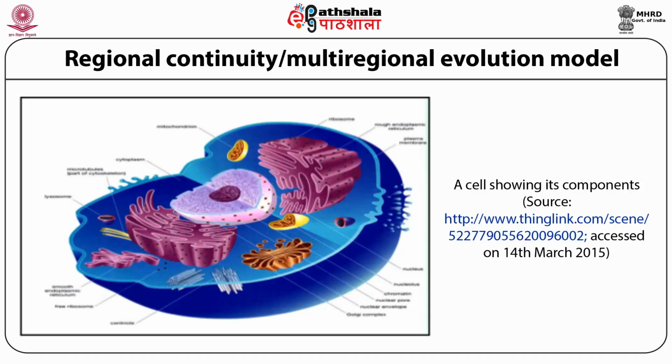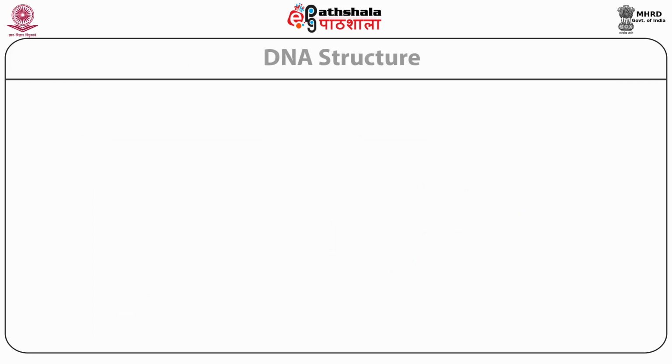Metabolic activities are carried out in it. It has its own DNA called mitochondrial DNA. The endoplasmic reticulum is found in the cytoplasm and gives extra surface area for metabolic reactions. Ribosomes are actively involved in protein synthesis. They are present in the cytoplasm.